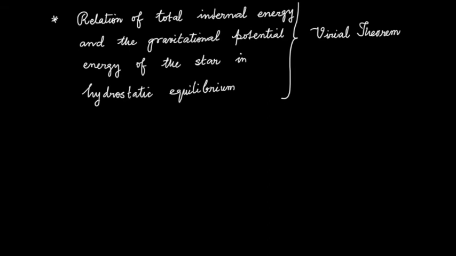Remember, the hydrostatic equilibrium is the case where the acceleration of the radius is essentially zero, R double dot was zero. So let us start by writing this. This is the case of hydrostatic equilibrium.